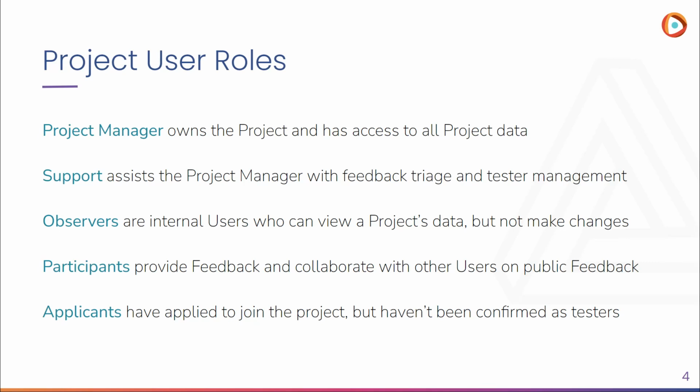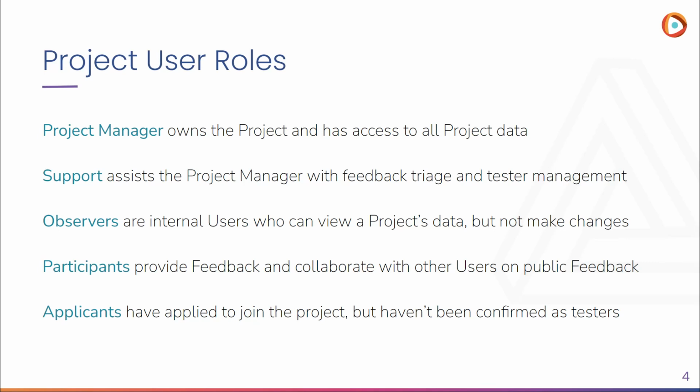Now, before someone can become a participant, they first need to apply to the project, and we have a special user role for that called applicants. They've applied to join the project, but they have yet to be confirmed as testers. For example, the first time someone goes to join a project, they might go through an onboarding flow where they are filling out a qualification survey, answering questions, and then they'll stay in this applicant user role.